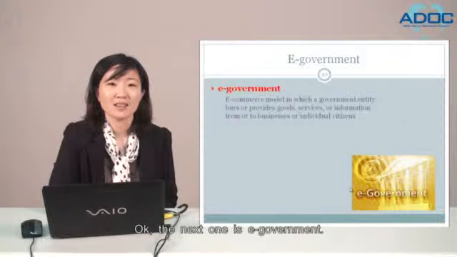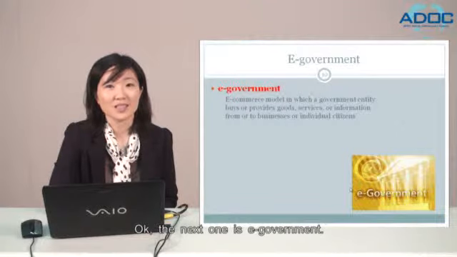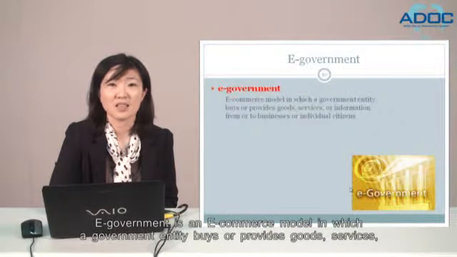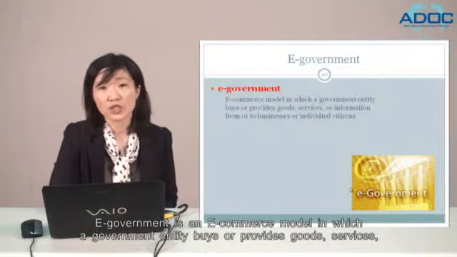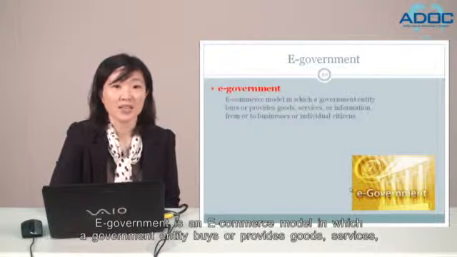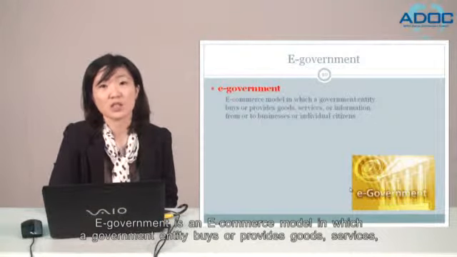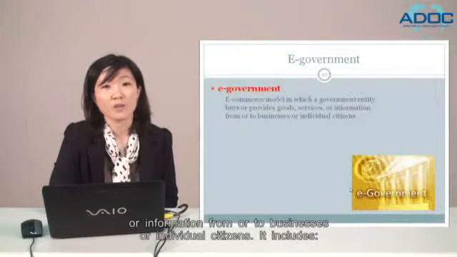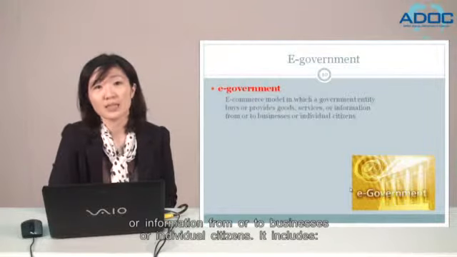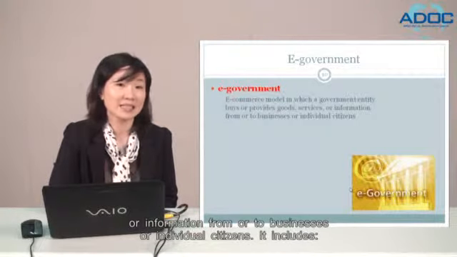Okay, the next one is e-government. E-government is an e-commerce model in which a government entity buys or provides goods, services, or information from or to business or individual citizens.